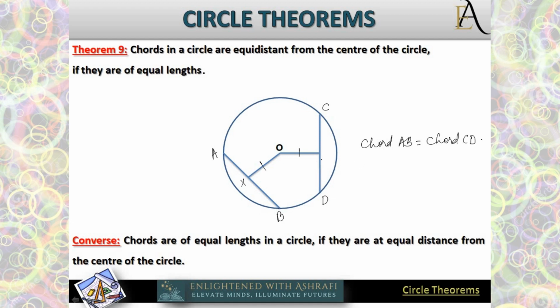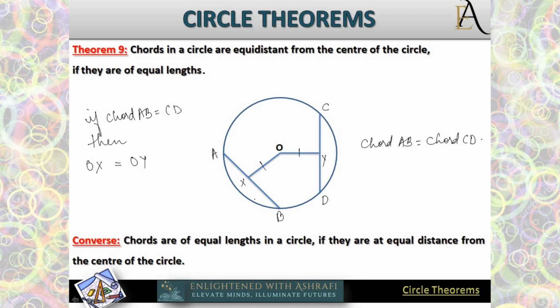Vice versa, if chord AB is equal to CD, then OX is equal to OY.